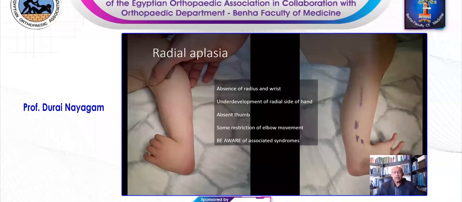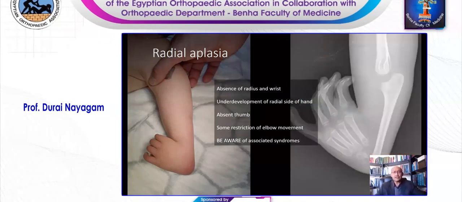You need to always be aware that this condition is associated with syndromes like VACTERL, TAR, Holt-Oram, which indicate some potential spinal, renal, cardiac associations.